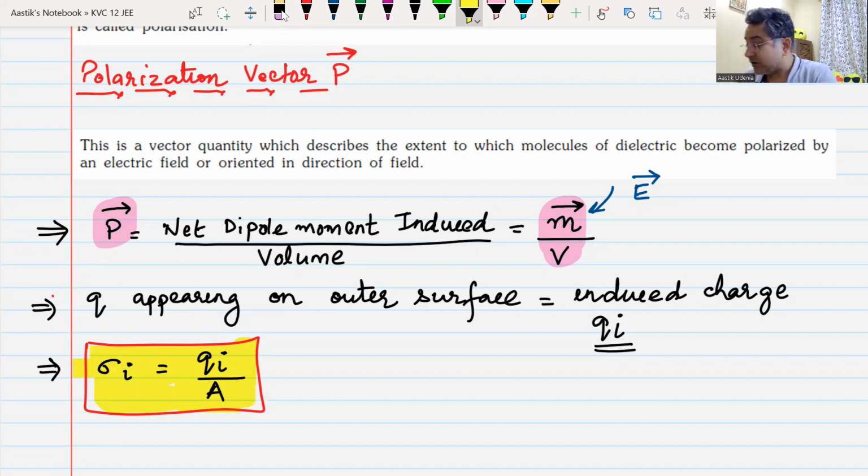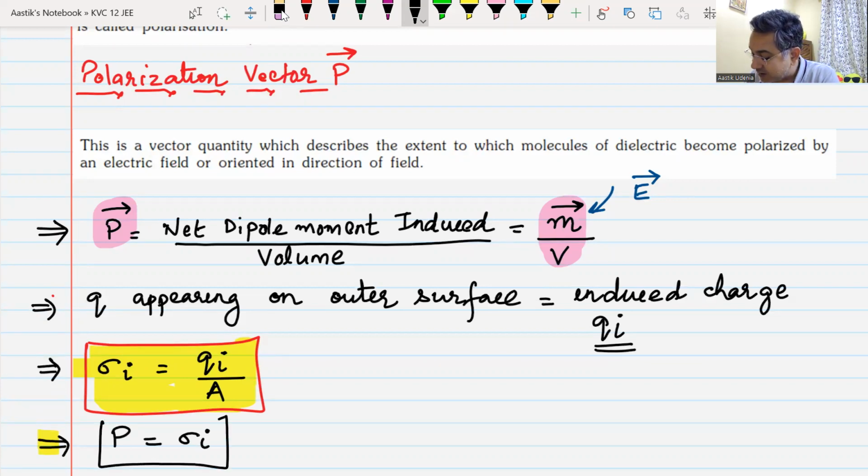And what is the most important aspect that you must remember? The most important aspect here is the magnitude of P, not the direction, because P is a vector and surface charge density is a scalar. The magnitude of P is the same as the induced surface charge density.